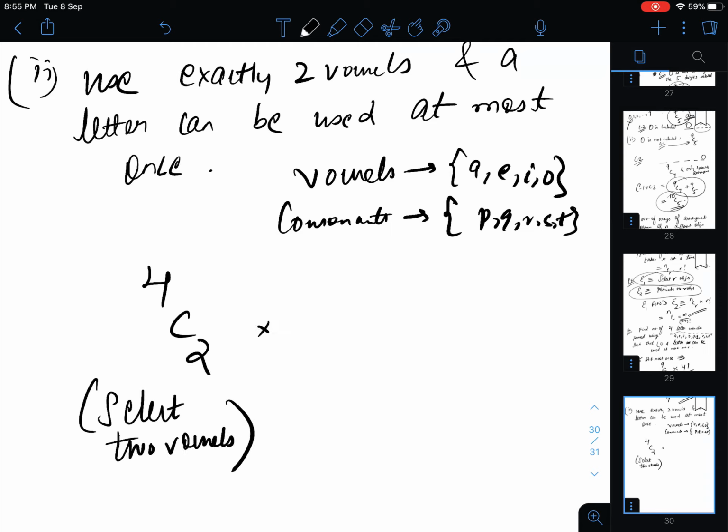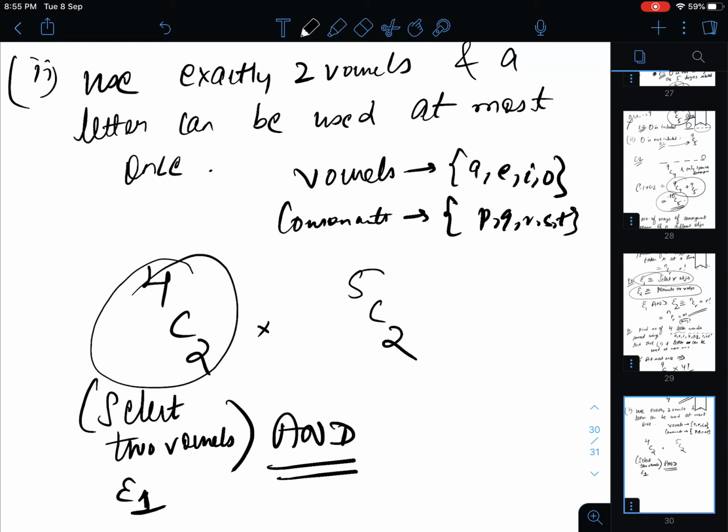This is your event E1, and simultaneously we select 2 consonants because we have to construct a 4-letter word. We have selected 2 vowels, so the remaining 2 letters must be selected from the 5 consonants available. So we select 2 consonants from the 5 given consonants.